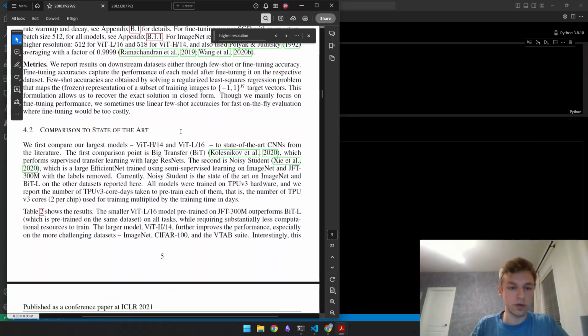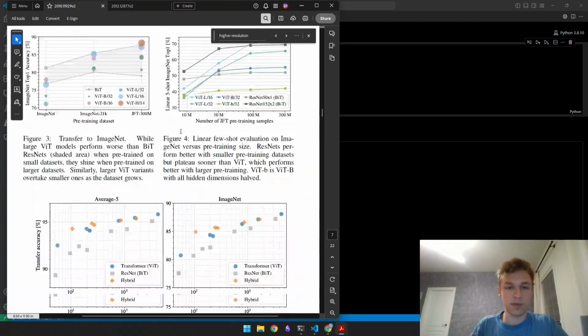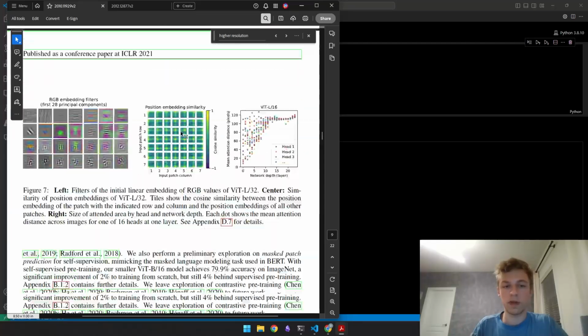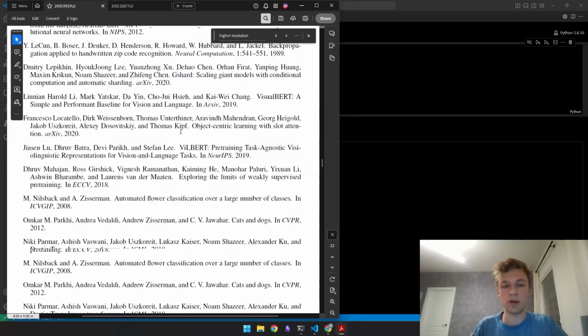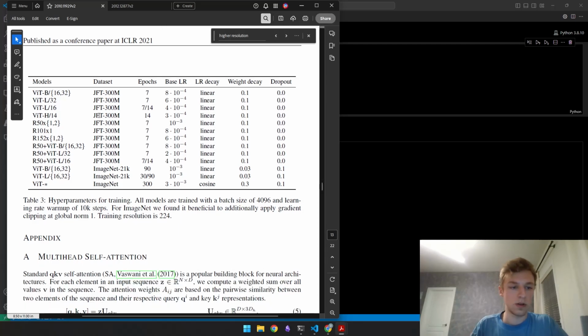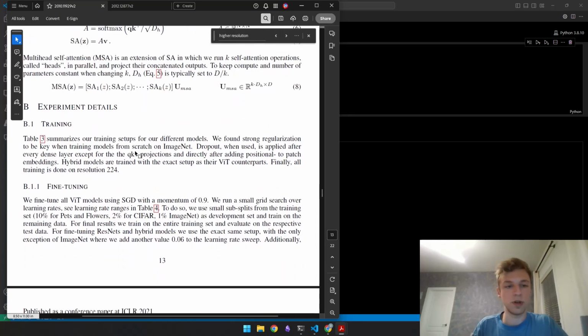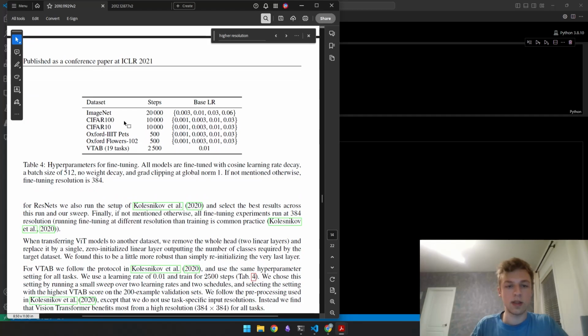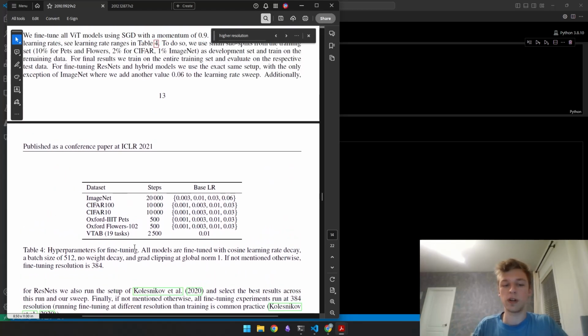The authors do provide further suggestions about fine-tuning, what to do with the learning rate and how to fine-tune in the appendix of the paper. Here they have information of hyperparameters for training. And then this is their hyperparameters for fine-tuning. As you can see, only a couple thousand steps are used, so not even the entire data set.